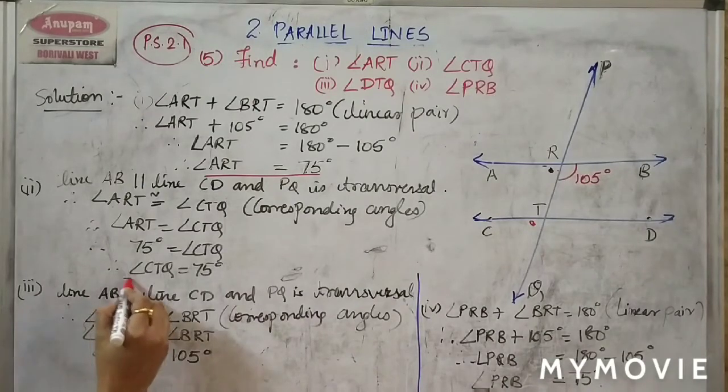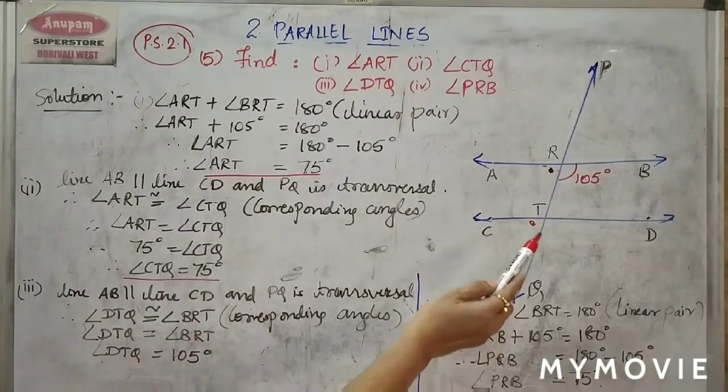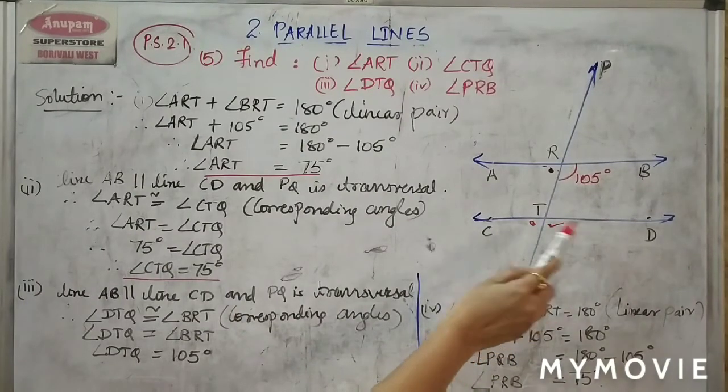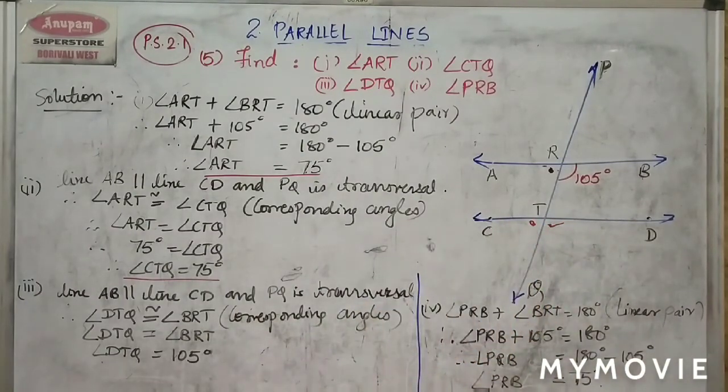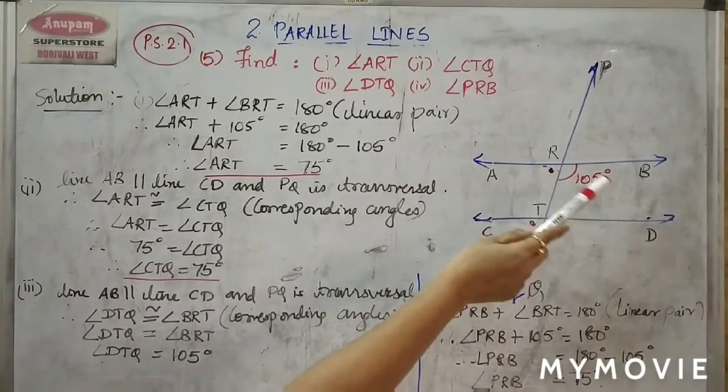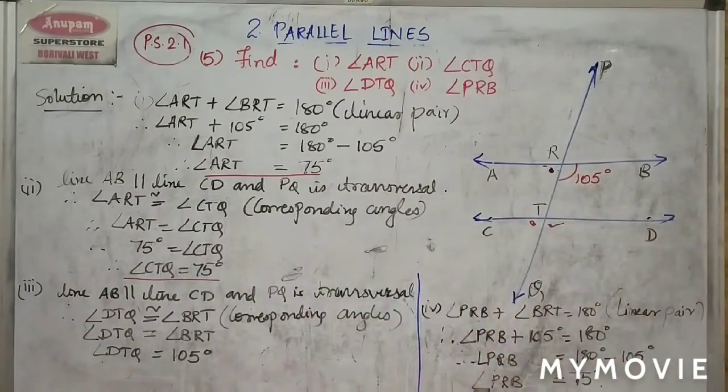Then the next one is angle DTQ. Now DTQ, isn't this the linear pair? This is a linear pair to this. Yes, and therefore we will say that angle DTQ is a linear pair to this, or else you can say that BRT is congruent to angle DTQ because they are corresponding angles.